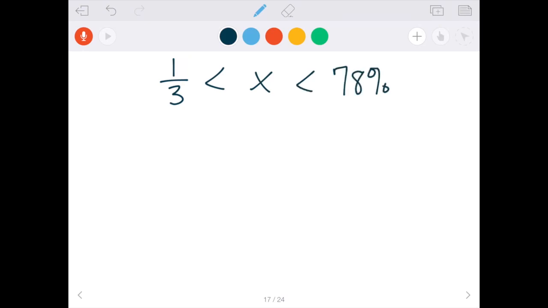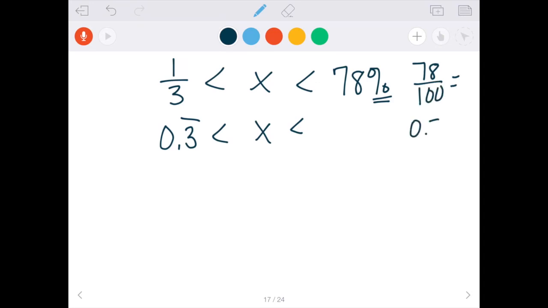How about this? We have a fraction and a percent. I would just change these to decimals. 1/3, I would make 0.3 repeating. And 78%, remember in Desmos, if you want to change this to a decimal, percent means out of 100. So you would just divide it by 100 and it gives you 0.78.